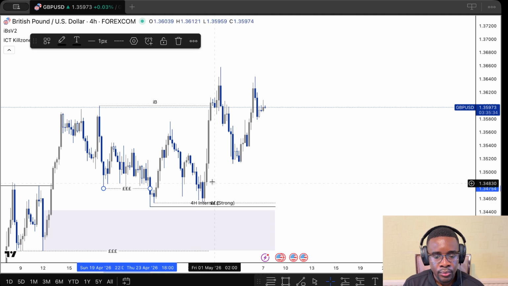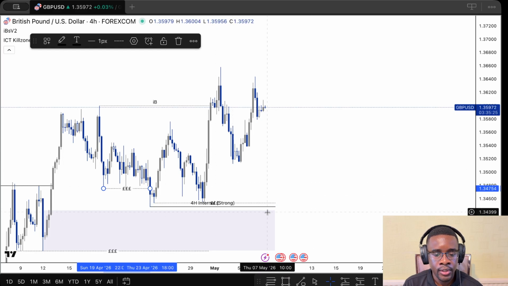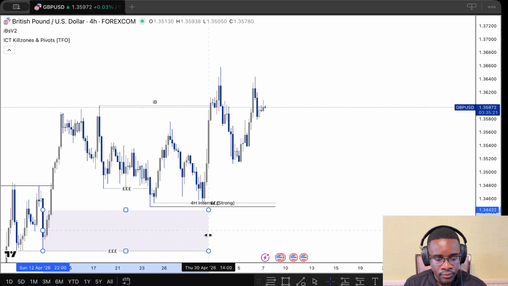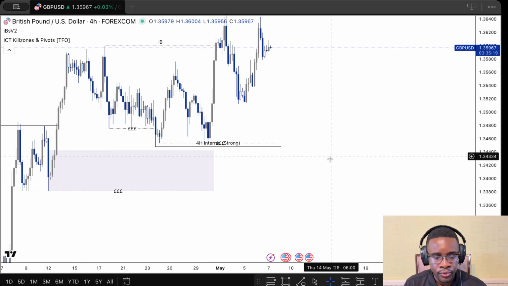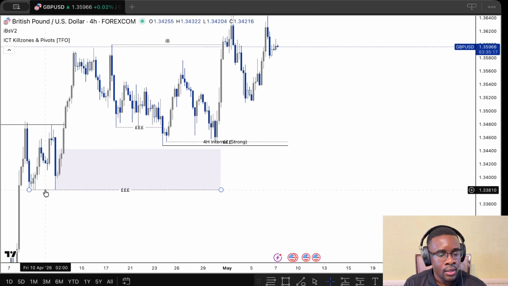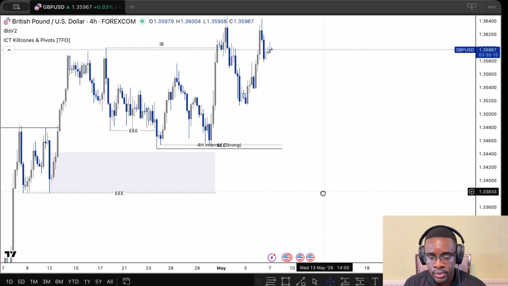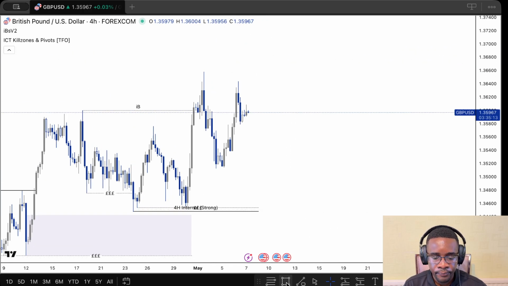Okay, so this was our range. Okay, this was our range. So actually this is outside of the range. Now of course we do understand that we do have these relative equal lows which will be attacked at some point in the future.